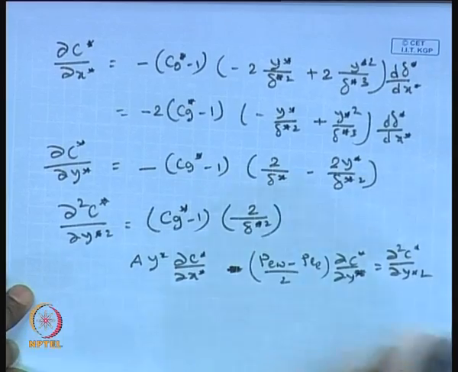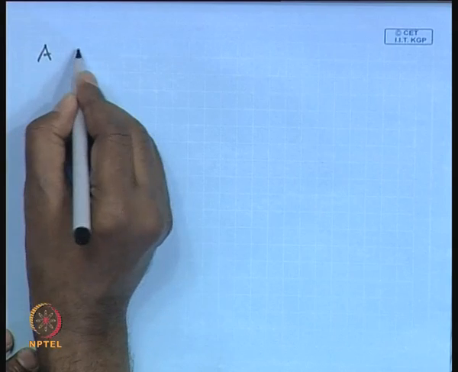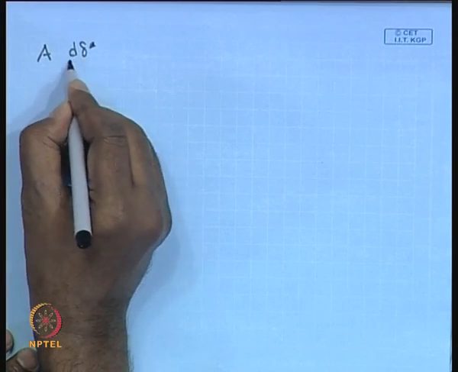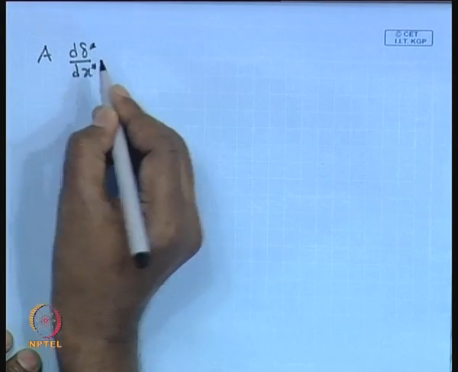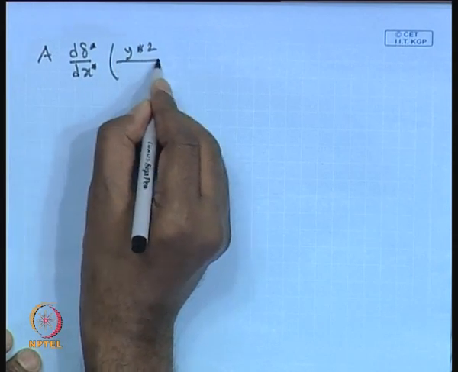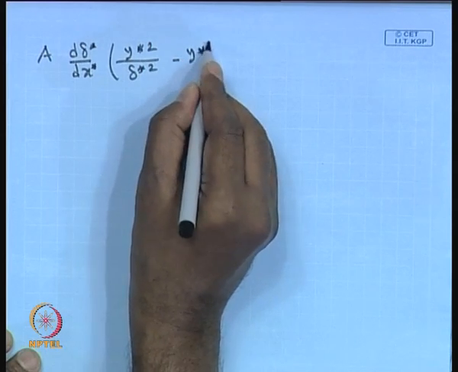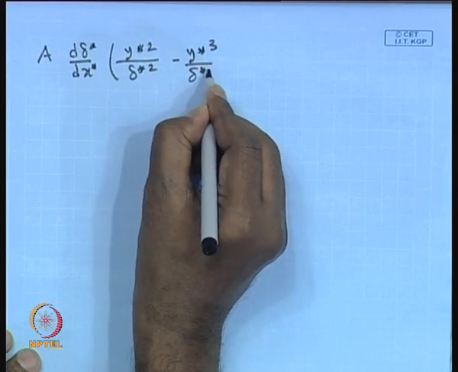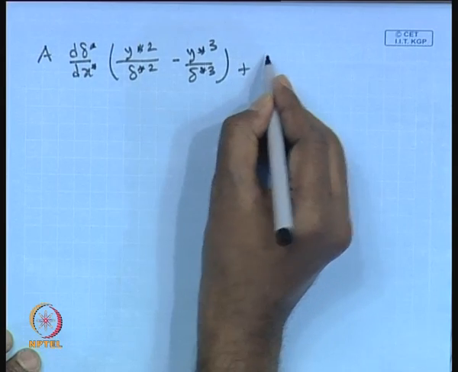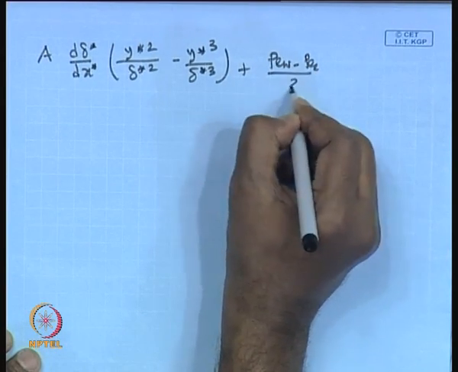If you substitute all these derivatives here, the final form that you are going to get is that A d delta star dx star times y star square divided by delta star square minus y star cube divided by delta star cube plus P E w minus P E e divided by 2.